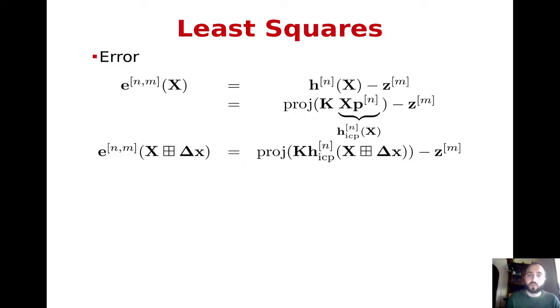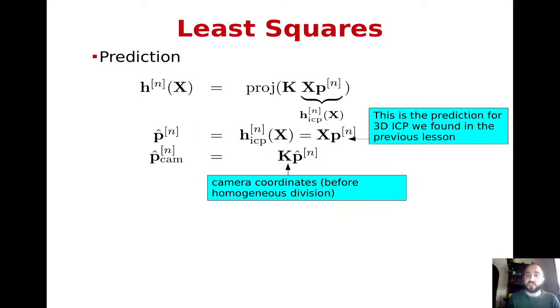Now, to compute the Jacobian, which is really straightforward in this case, we will exploit the chain rule, right? So let's start by dividing the prediction in pieces so that we see how many derivatives we have to do. We can immediately identify the homogeneous division, the projection, let's call it the proj function.